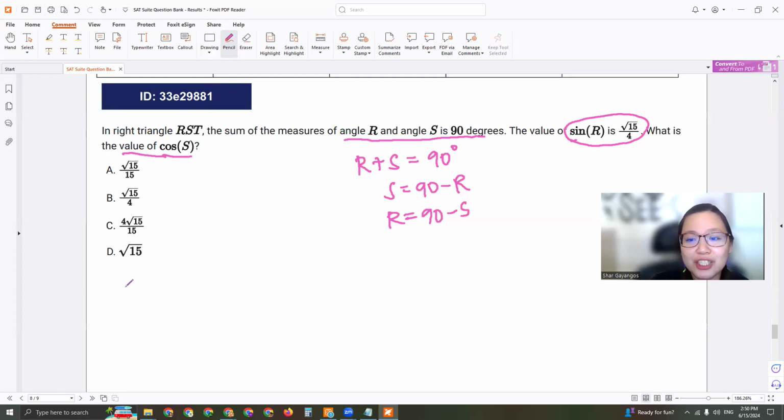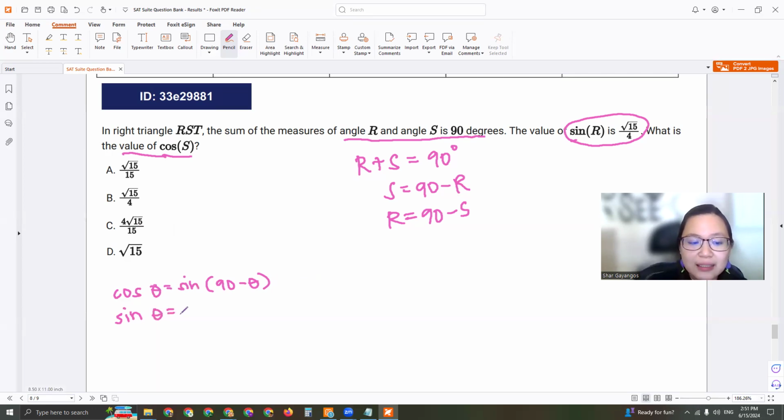We call them co-functions, and this tells us that the cosine of theta is just equal to the sine of its complementary angle. So that's 90 minus theta. And you can check that with special angles. So I challenge you to do this on your own. Maybe after this video, go ahead and try different angles just to prove these two co-function properties.